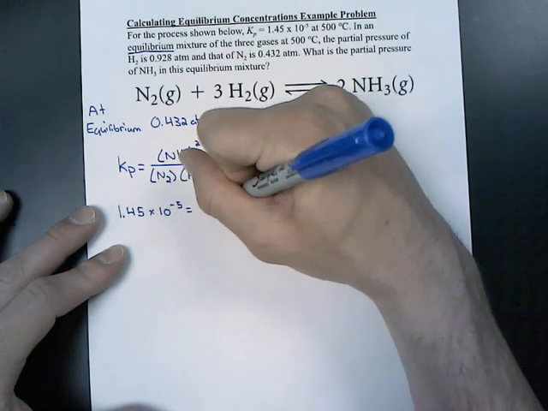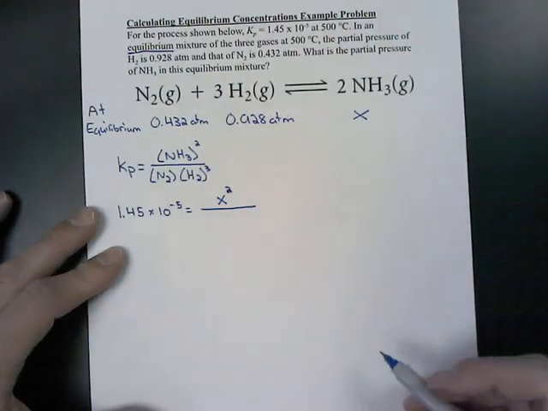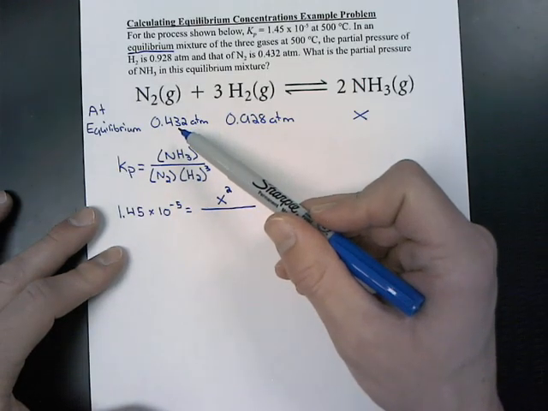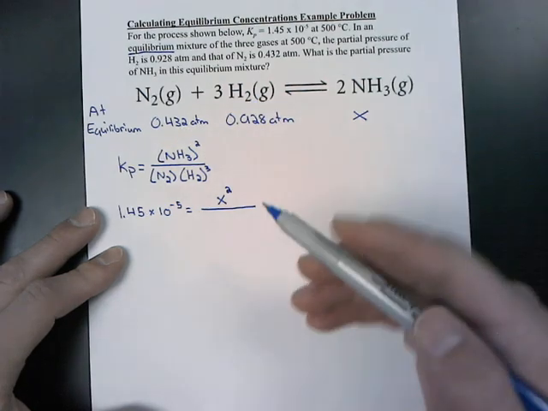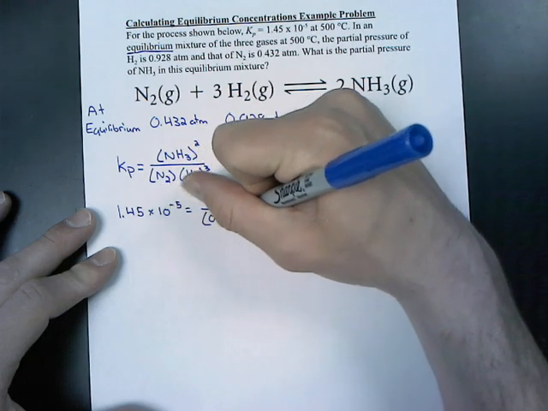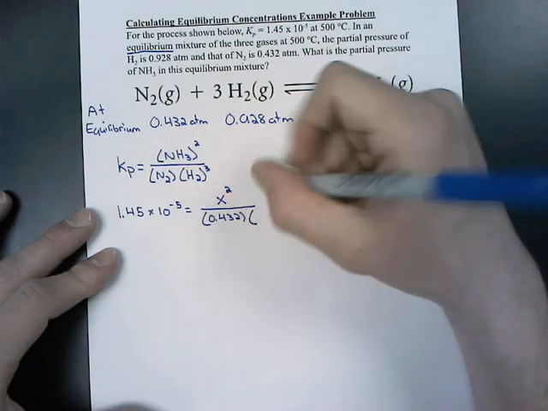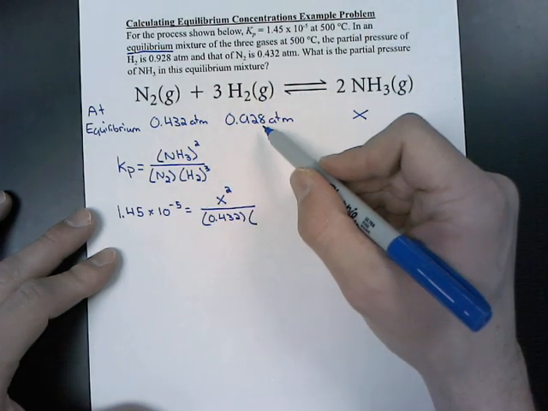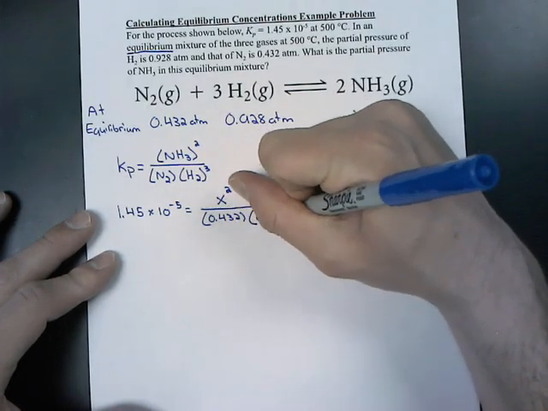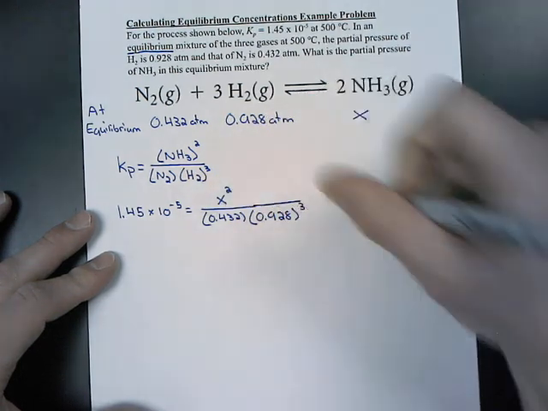So we put x, and then don't forget to square it because of that 2 coefficient. That's really important. Now, at equilibrium, the problem told us that we had 0.432 atmospheres of N2. So we put down 0.432. We close the parenthesis, and then we multiply it by the pressure of H2. So we have 0.928, and we must raise that to the third power.